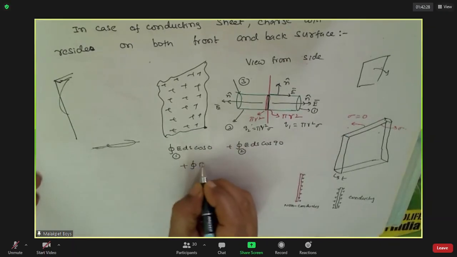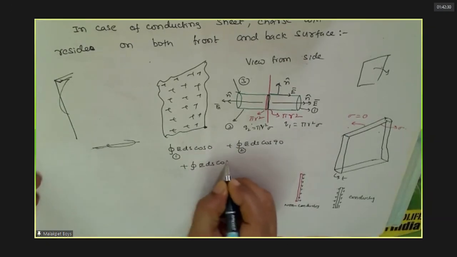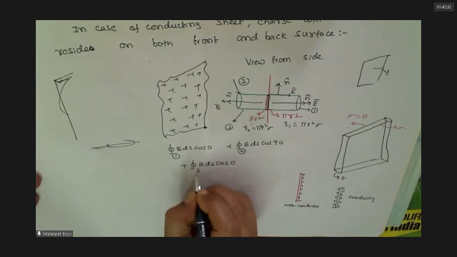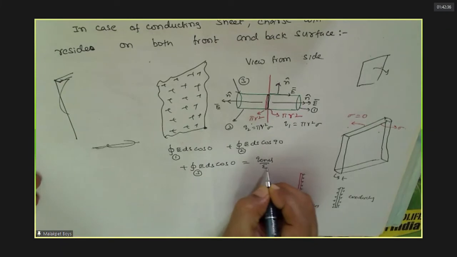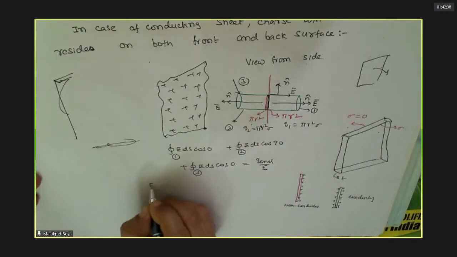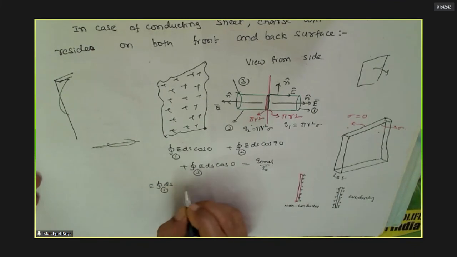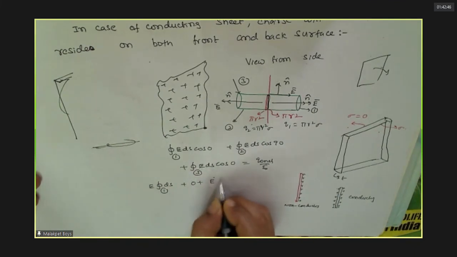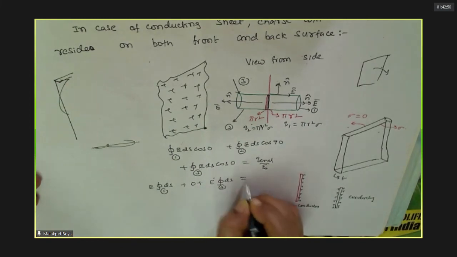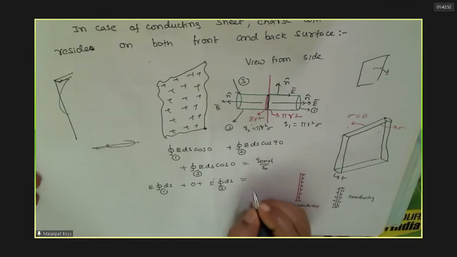Can I write like this? Charge enclosed by epsilon naught. This is E. What is the charge enclosed front and back now?